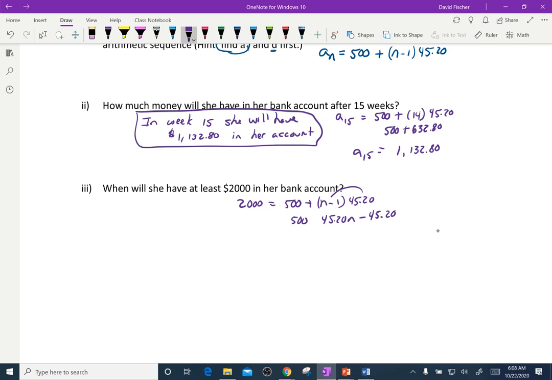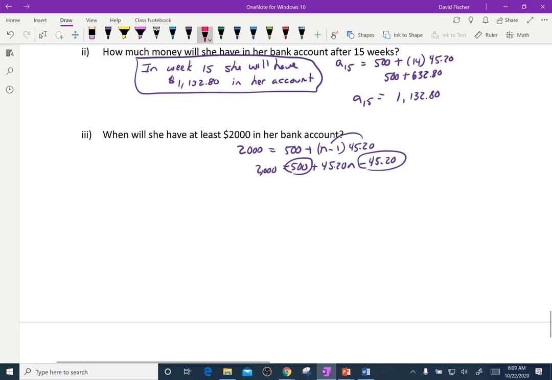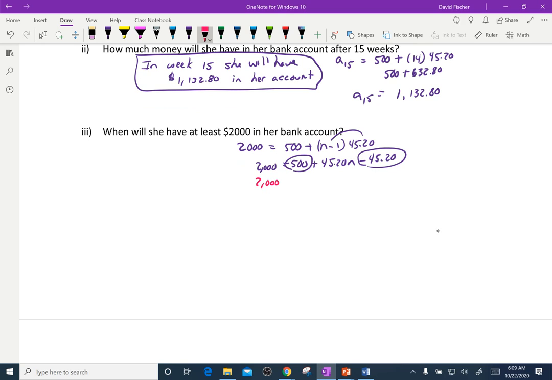I got 500 over here. I need to put my 500 with my minus 45.20. I'm getting 454.80. You want to subtract this. 2,000 minus 454.80.